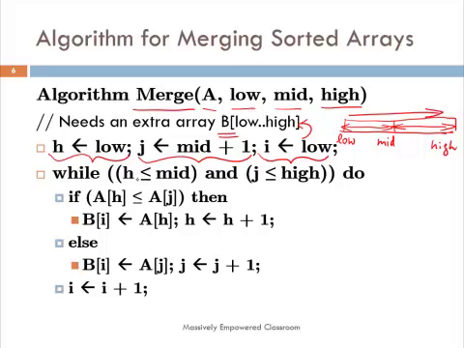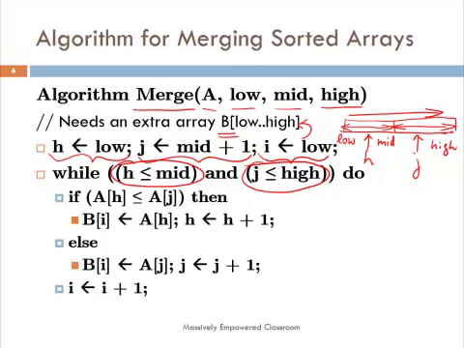So while h is less than or equal to mid and j is less than or equal to high, that means while there are still elements in the first part and while there are still elements in the second part. h less than or equal to mid means h is going to be pointing somewhere here, j is going to be pointing somewhere here. They both should not go outside the bounds of those two parts of the array. So h should be less than or equal to mid, j should be less than or equal to high.